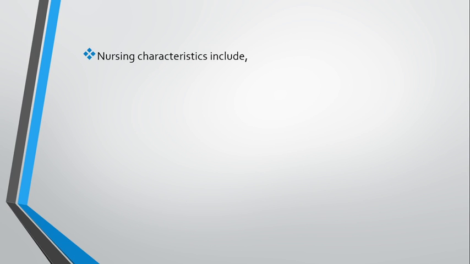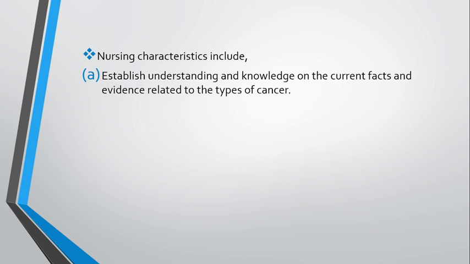Right, so now we'll have a look at the nurse's role in treating oncology clients, patients having cancer. The nursing characteristics of a nurse who treats cancer patients should include the following. First of all, they need to have a proper knowledge about the types of cancer, their signs and symptoms, in order to get an idea as to which type of cancer the patient is suffering from.